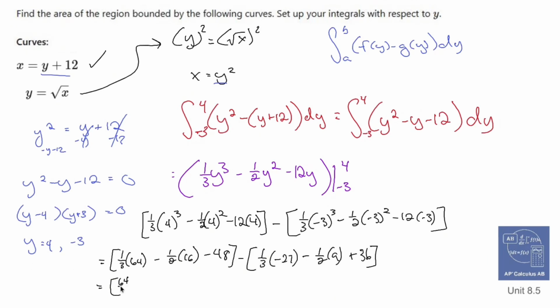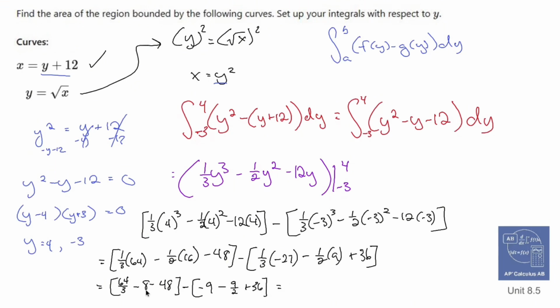Ugh. 64 over 3 minus half of 16, so minus 8, minus 48, minus 1/3 of negative 27 is negative 9, minus 9 over 2, plus 36.